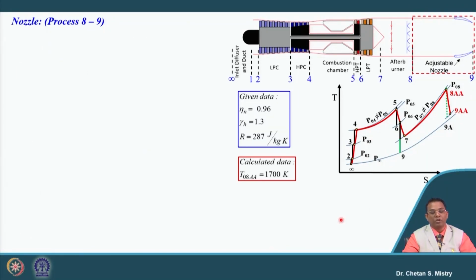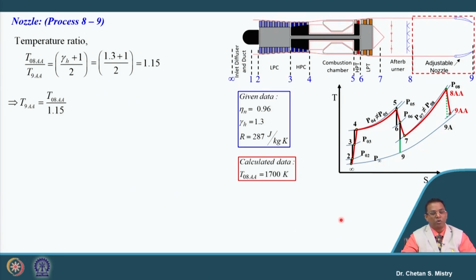Okay, so let us look at this. We want our exit velocity to be calculated, and that exit velocity is a function of the temperature, so we take the temperature ratio. From that temperature ratio, we can calculate our static temperature at the exit of the nozzle, and that is coming as 1478.26 Kelvin.